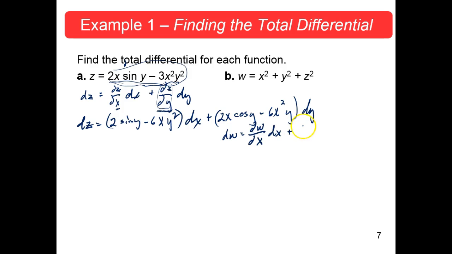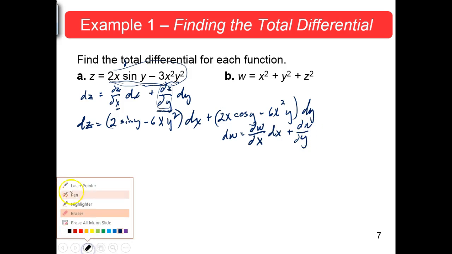Plus partial of w with respect to y. Whoops, I say y and write w. What's wrong with me? Times what? We already got the partial w with respect to y. You may not be able to read what I'm saying, but dy, you got it.